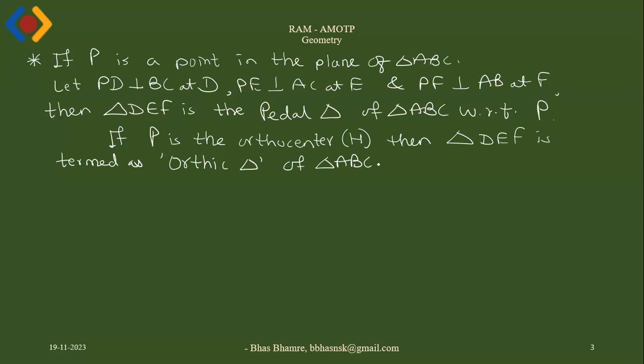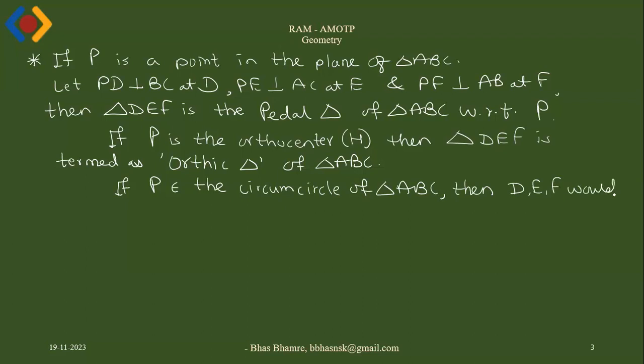Okay. Then we say that if P belongs to the circumcircle of triangle ABC, then D, E, F would be collinear.